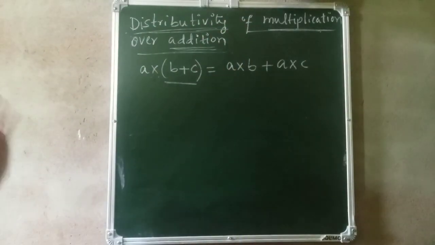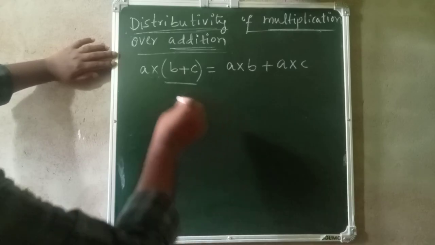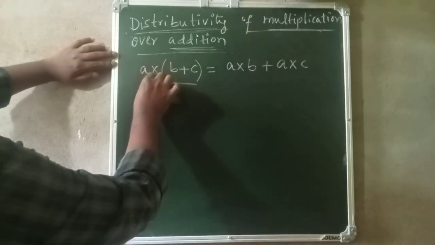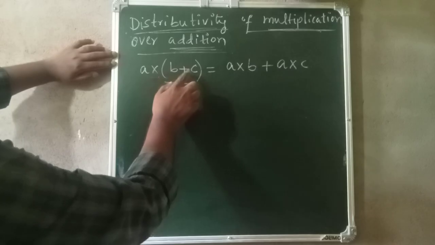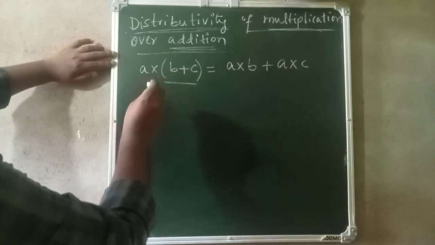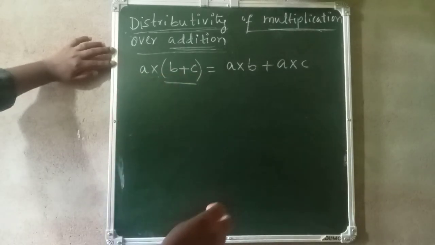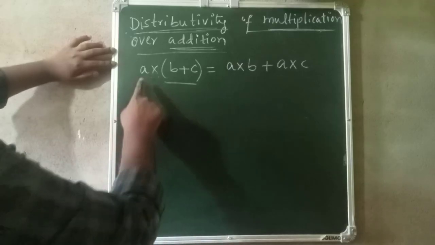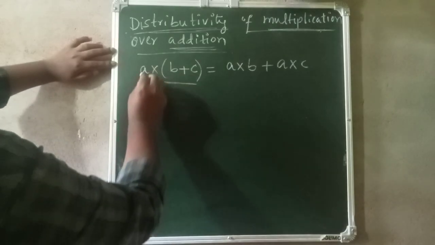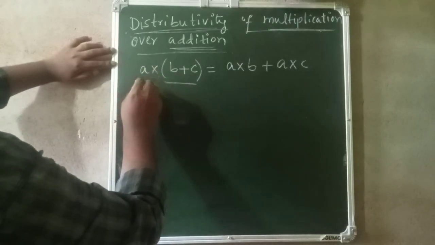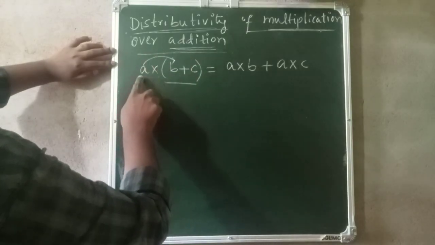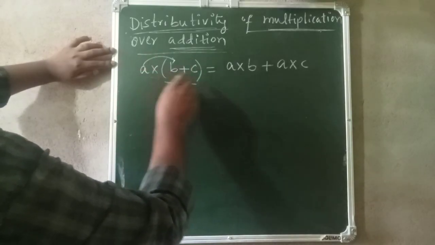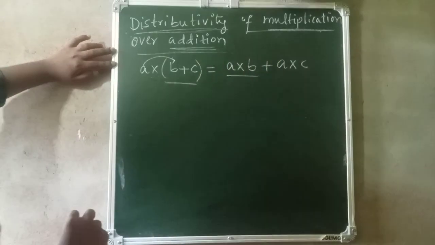Next, distributivity. Distributivity means here multiplication is there, and inside the bracket addition is there. Now we will distribute this A. We will distribute this A first with B, so A into B. I have written it here.